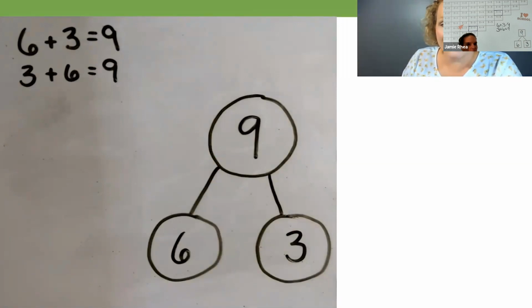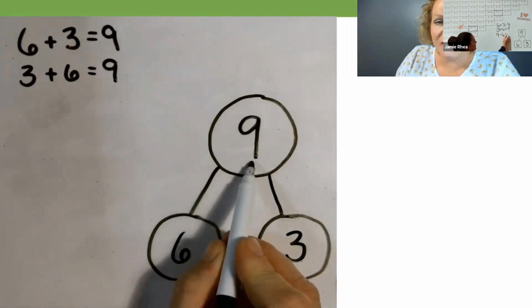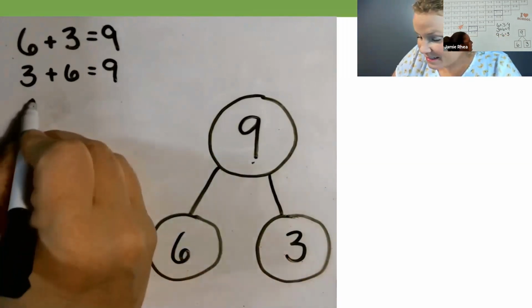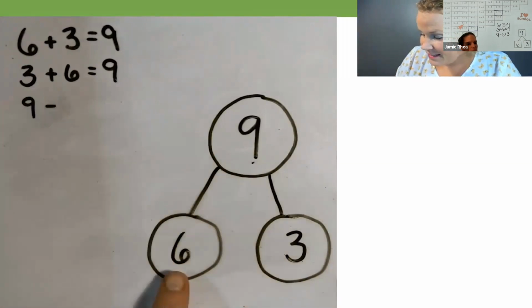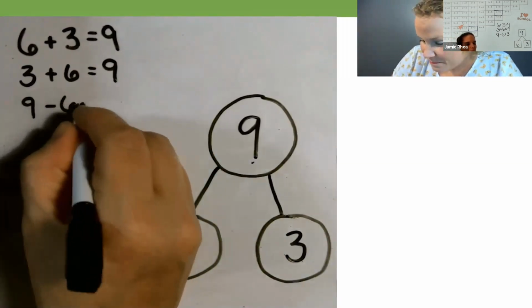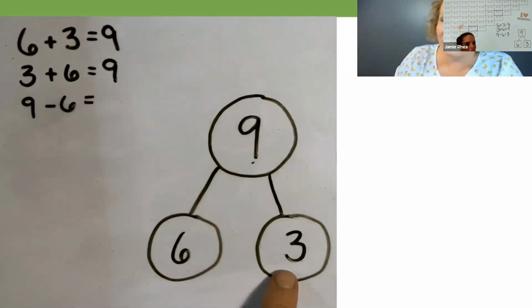Can you think of a subtraction number sentence we can write to match the number bond? Remember, when you're subtracting, 9 goes first. 9 minus 6. We can start with the total, 9, and take away this part, 6. And we'll be left with 3.